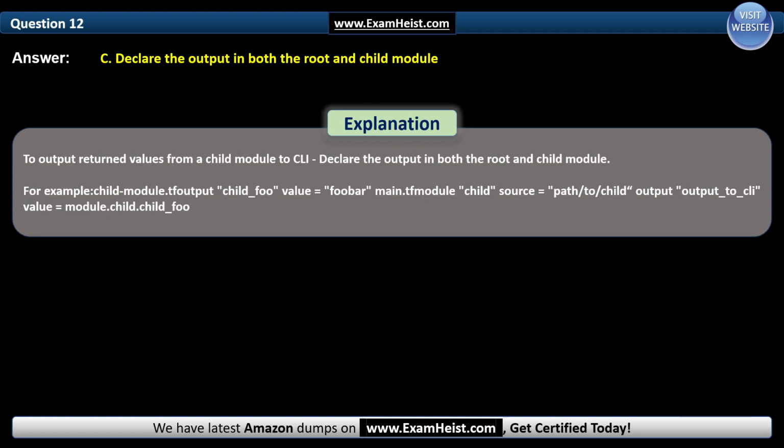For example, child module.tf: output child_foo value foo bar. main.tf: module child source path/to/child; output to CLI value module.child_foo.